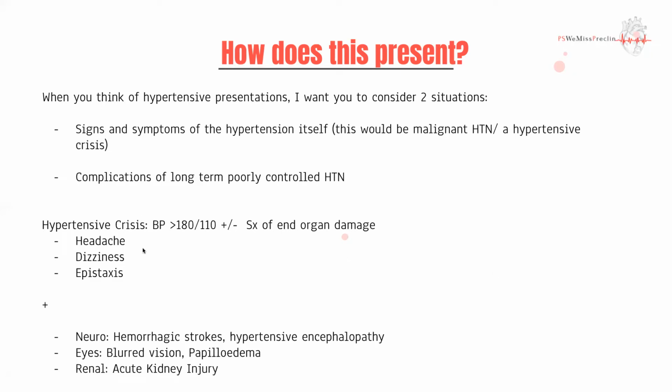The high blood pressure itself can cause headaches because of high blood pressure in the cerebral vasculature, dizziness, as well as epistaxis. If you imagine a plumbing system that's so high pressure, it's going to be way more likely that you're going to have leaks and bleeds from various places. On those same lines, you can end up having hemorrhagic strokes if any of those cerebral arteries burst.